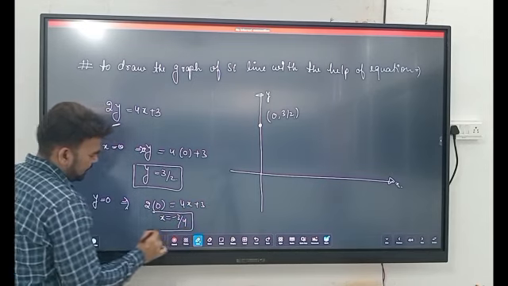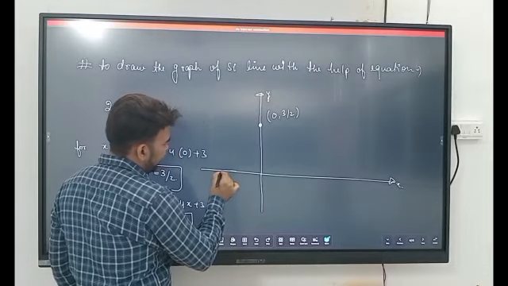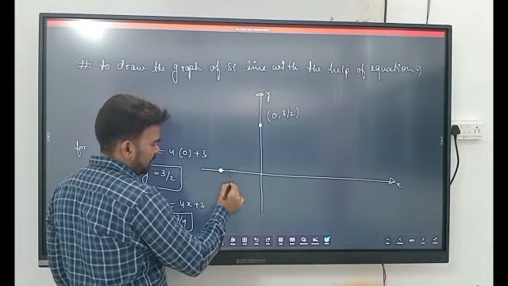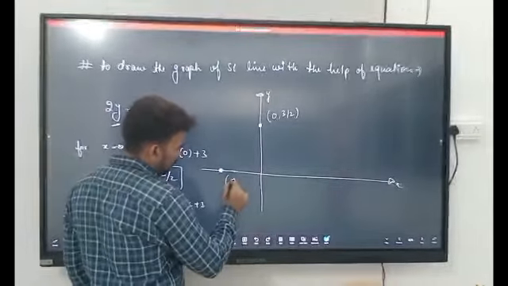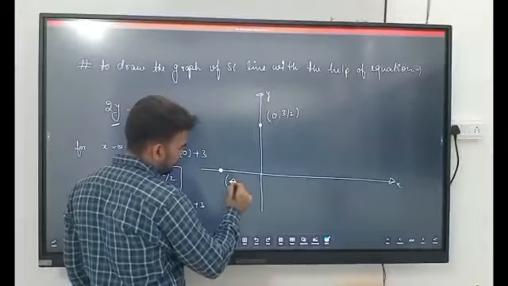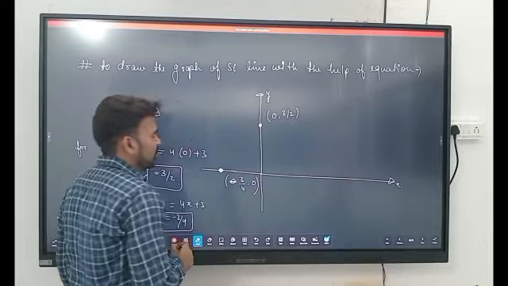Got that? So from here we can locate the point S. The position coordinate of this point will be (-3/4, 0). Now listen very carefully.